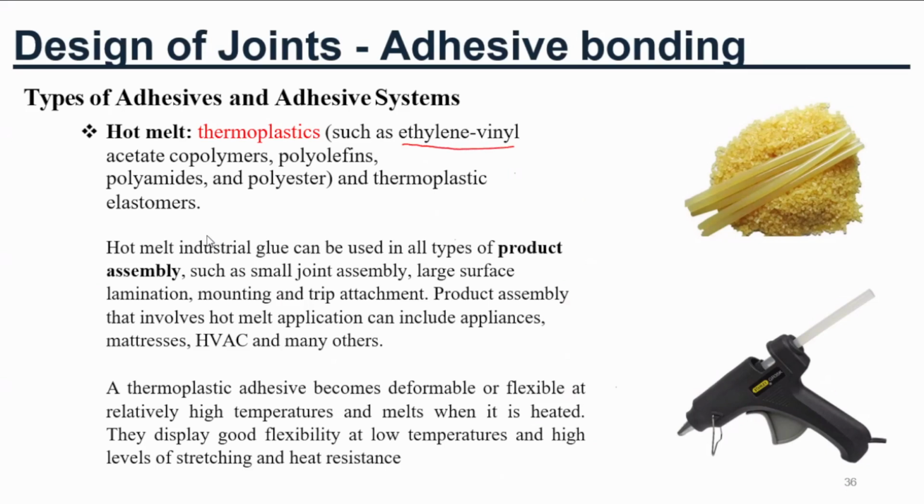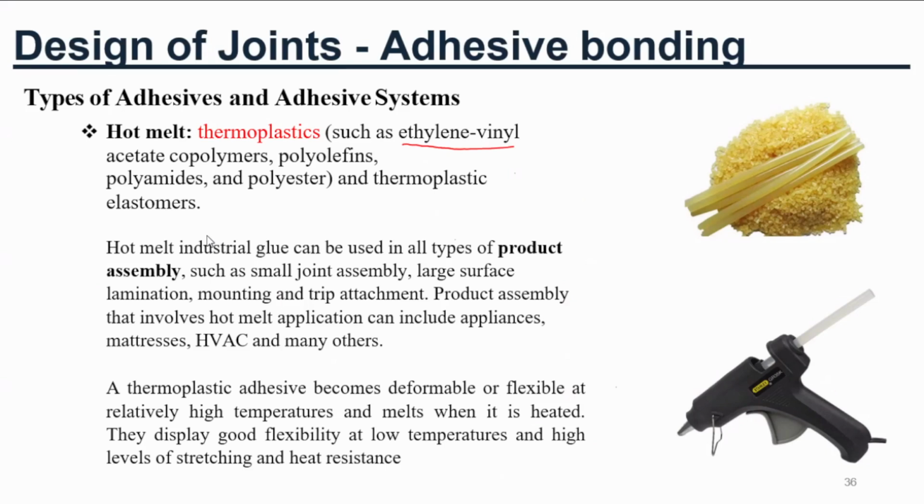ethylene vinyl acetate, EVA, polyolefins, polyamides, polyesters, thermoplastic elastomers. Okay, these are used. Okay, so adhesive is heated until it melts into a liquid form, then applied to one surface and pressed against another.